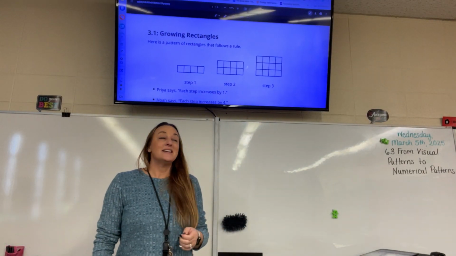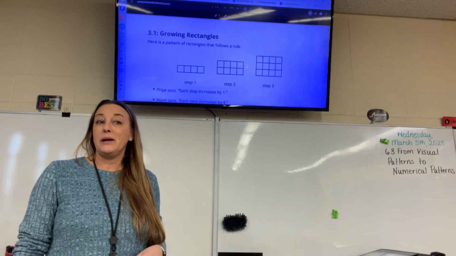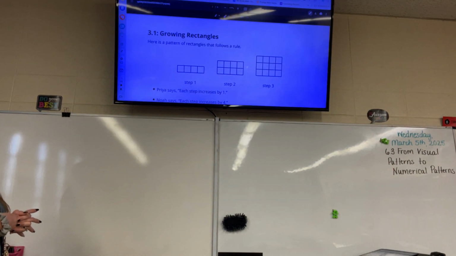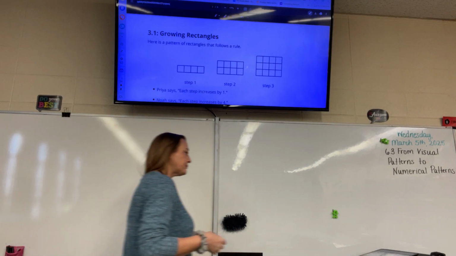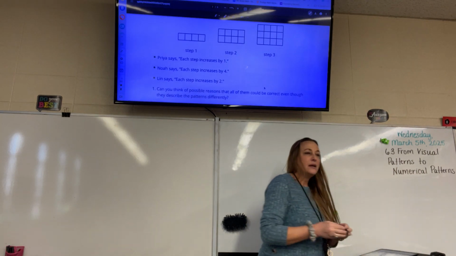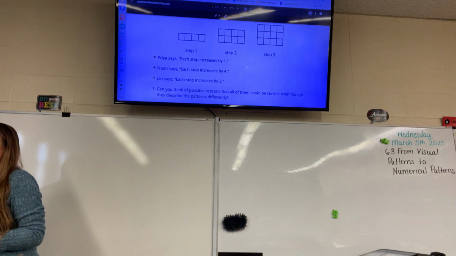Today we're doing lesson 6.3, from visual patterns to numerical patterns. Here's a pattern of rectangles that follows a rule. Priya says each step increases by 1.